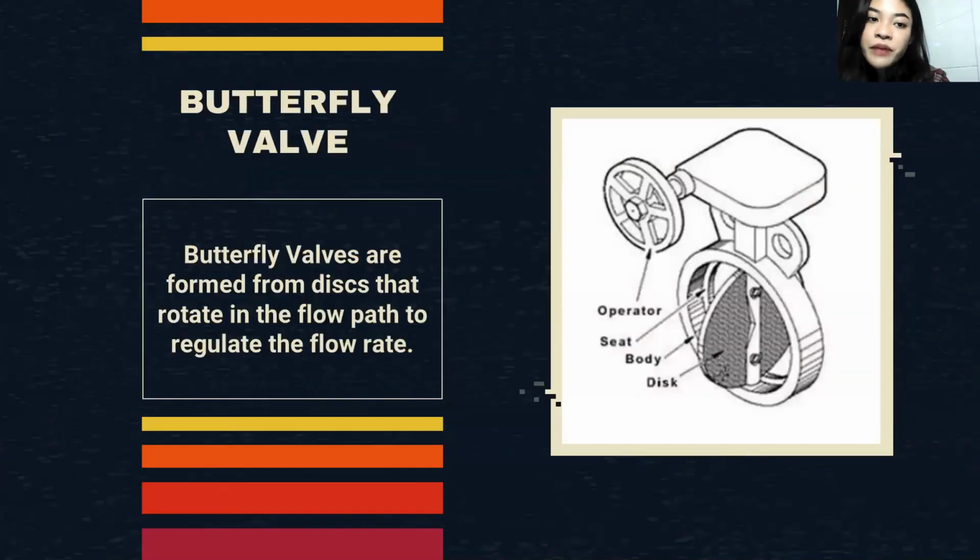Next is butterfly valve. An example of a type of control valve is the butterfly valve. Butterfly valves are formed from discs that rotate in the flow path to regulate the flow rate. The shaft is centered on the axis of the pipe.